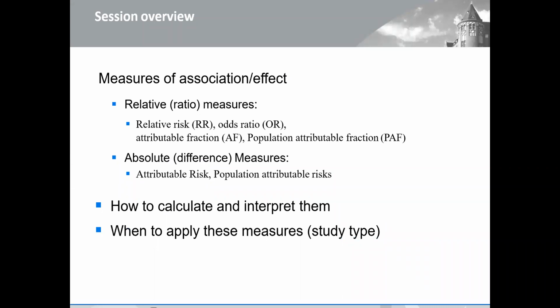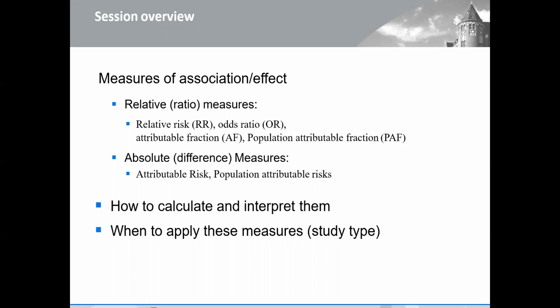What I'm going to cover in this session are measures of association and effect. We're going to cover relative measures or ratios. We'll discuss relative risk, odds ratios, attributable fraction, and population attributable fraction.